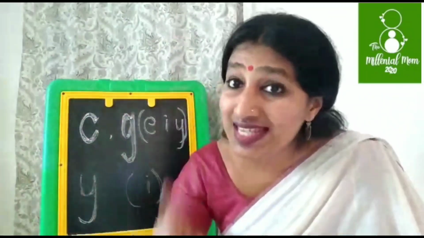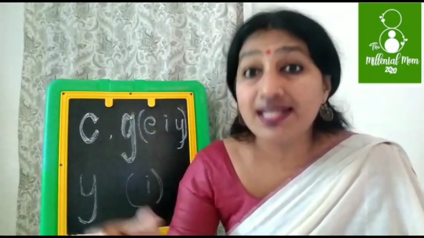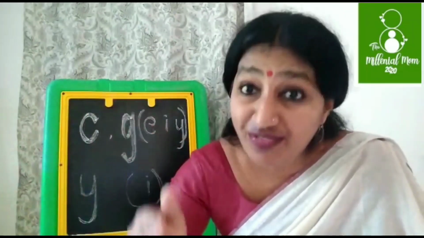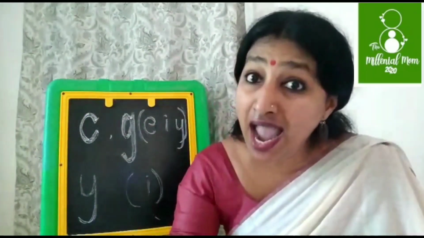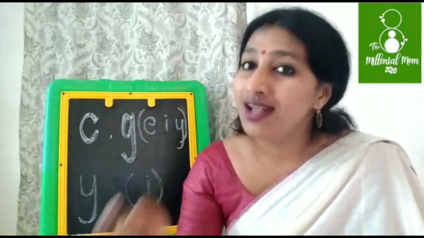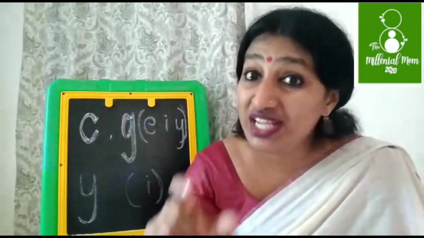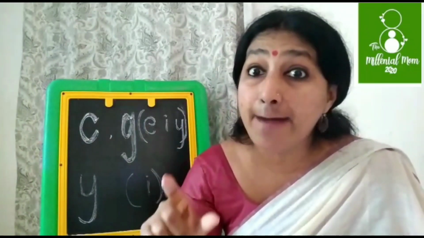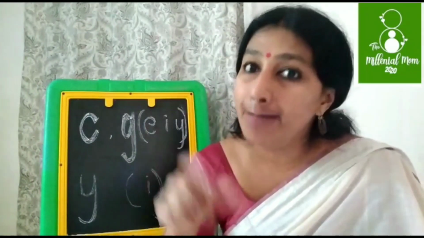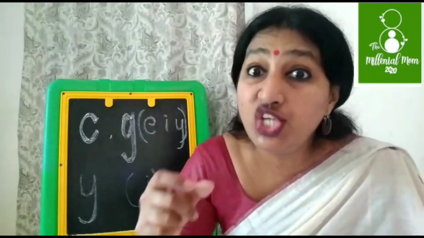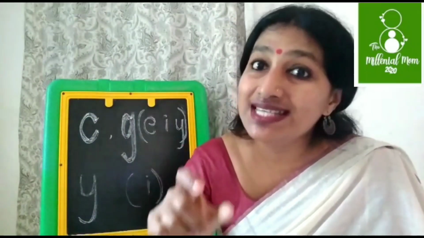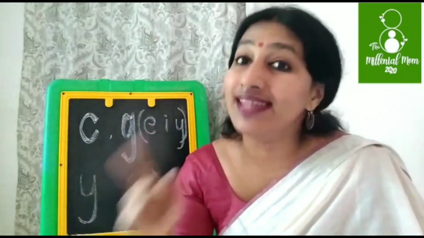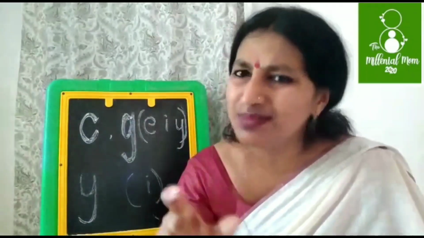So the sound of C is K. But C becomes soft when C stands before E, I or Y. And the sound of G is G: girl, guitar, gate, gum, gun, G. But G becomes J when G stands next to E, I and Y. That too not at all times, sometimes.